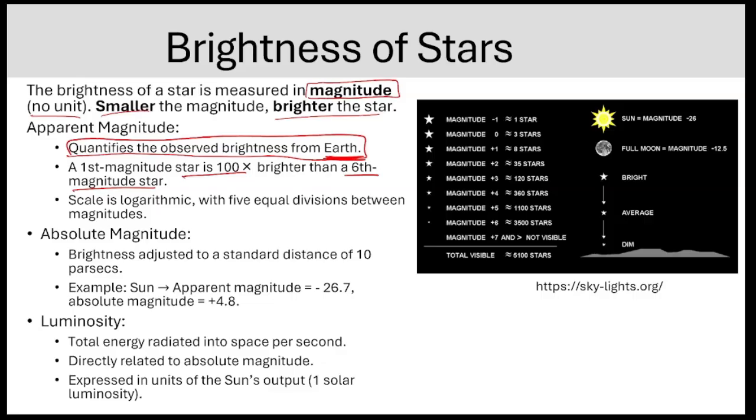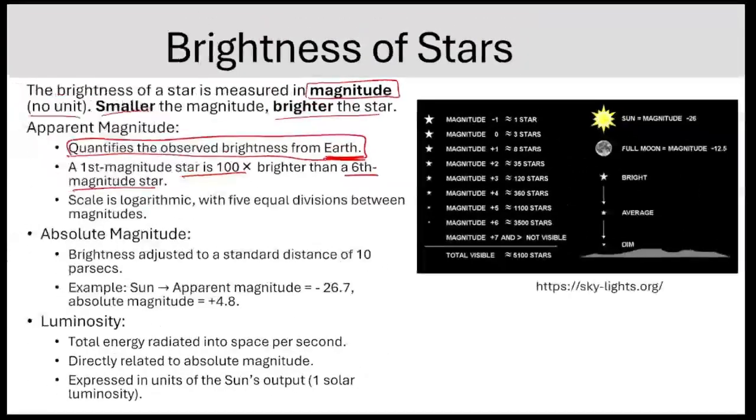And this apparent magnitude is a logarithmic base unit, and we will have five uniformly distributed steps between first and sixth magnitude.